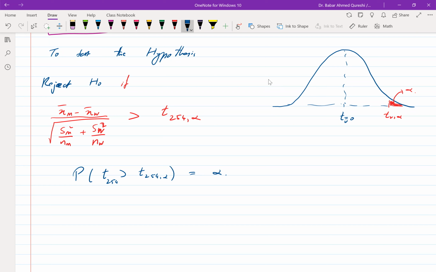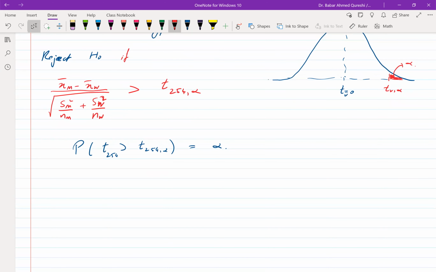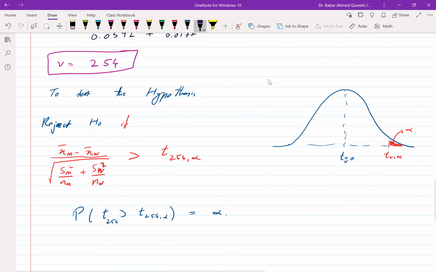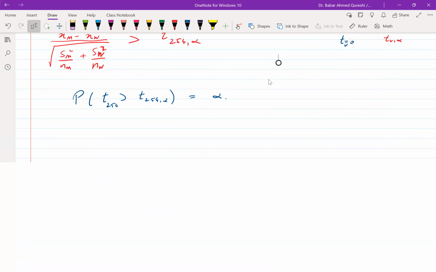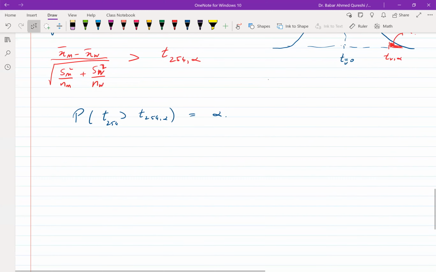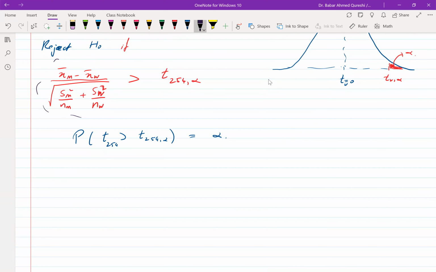Now, in the beginning, I didn't say anything about what significance we want to do this at. I just said, let's test it. So what I can do is, I know that I got a value for t which was not 0. How do I know? Well, I should compute it first and see what number I got.